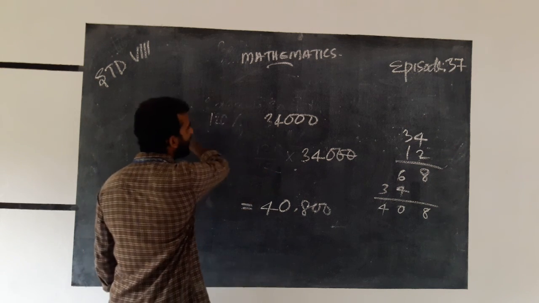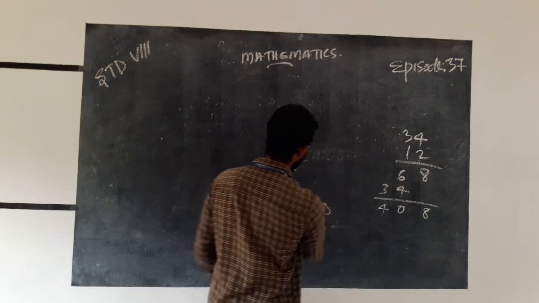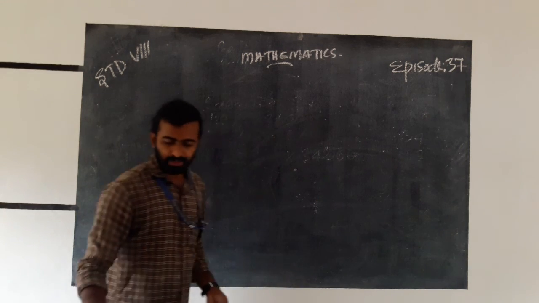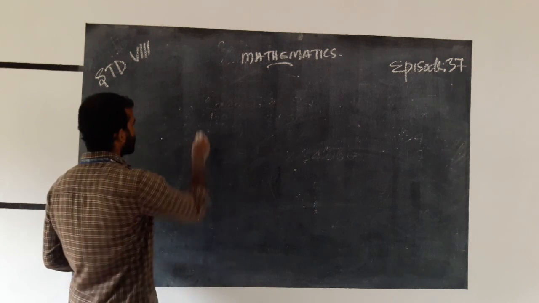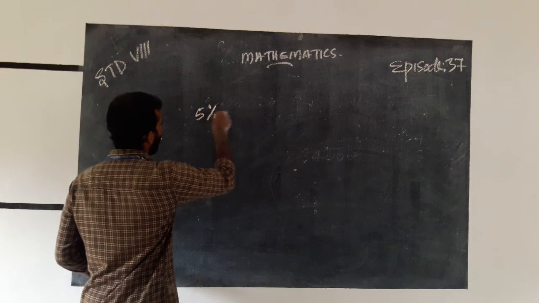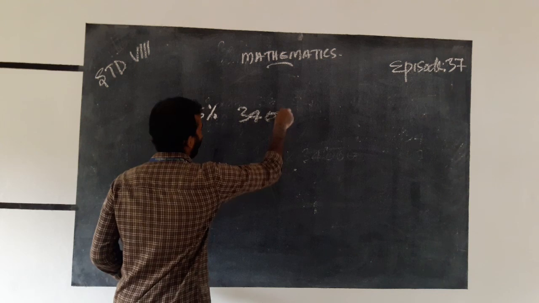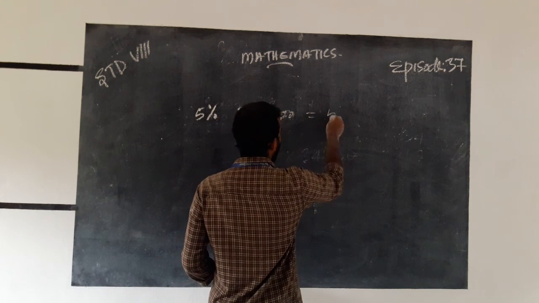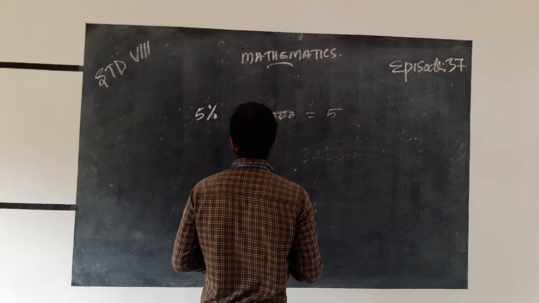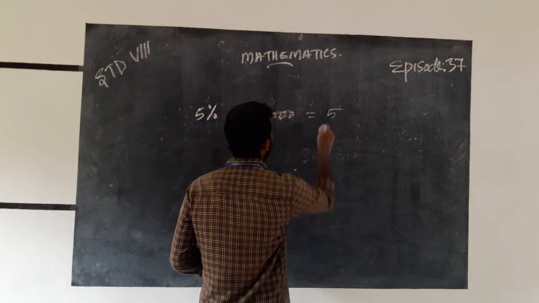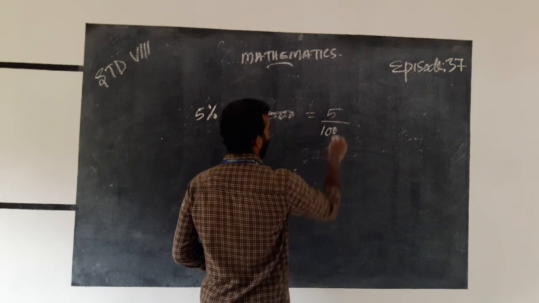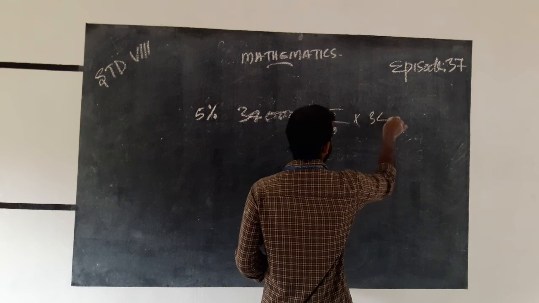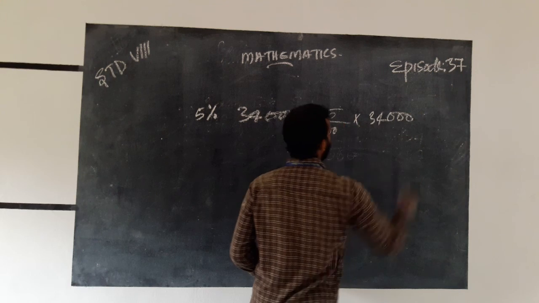We can also find it in two methods. The first method is we find 5% of 34,000, that is 5 by 100 into 34,000.